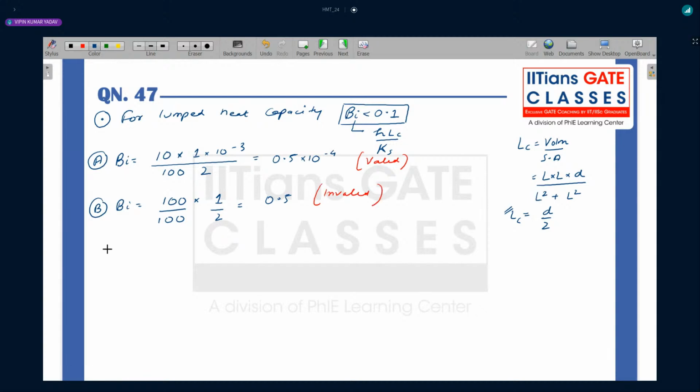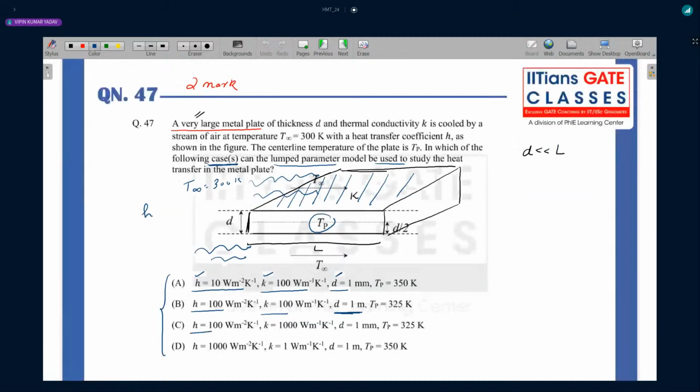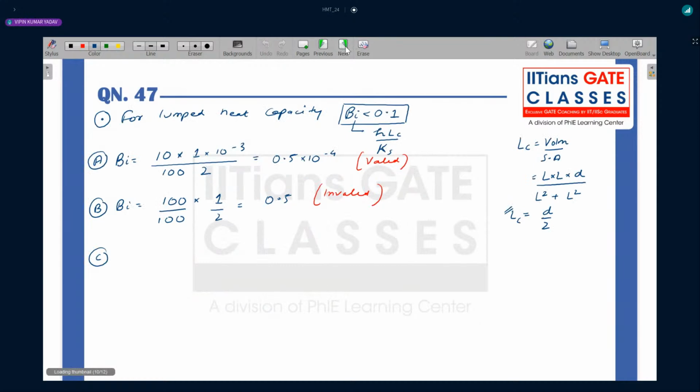Okay. Let us see option C. h is 100, k is 1000, and again the thickness is in millimeter. So Biot number in this case: h is 100, d is 1 millimeter, so 1 into 10 to the power minus 3, divided by 2, because I have to take Lc, and k is 1000.